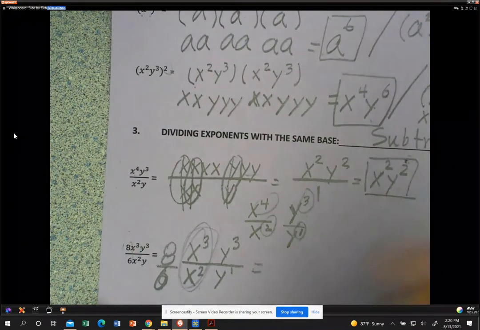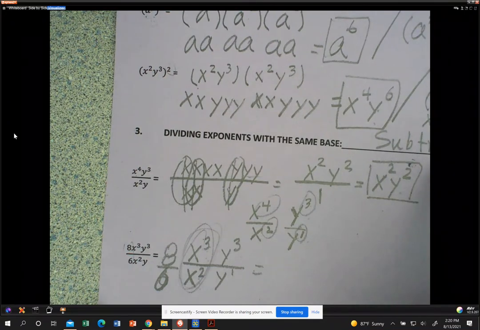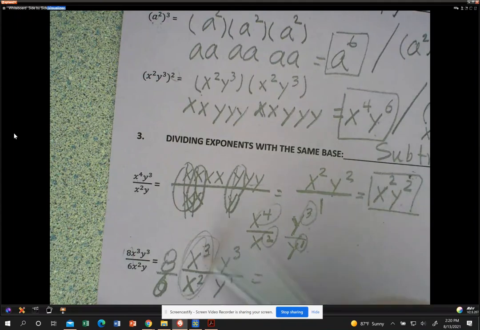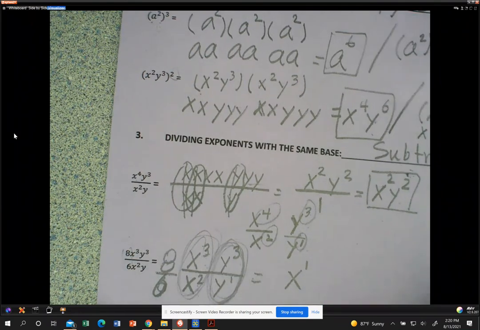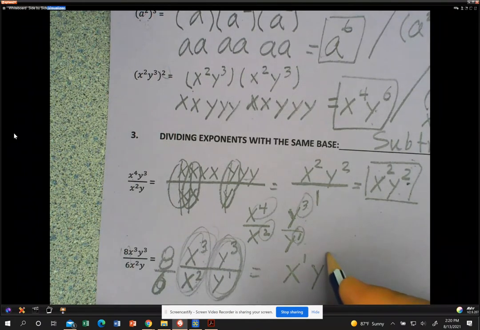What happens to those two exponents? What are we going to do again? Subtract. So what is it if you subtract 3 minus 2? 1. So this is x to the first power. Again, what do you do with your exponents? Subtract. So this is y to the power of 2. Isn't it 2? 3 minus 1, 2.